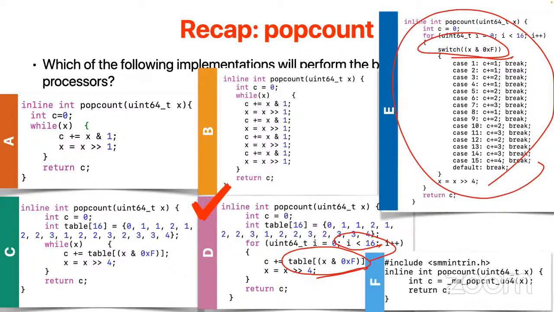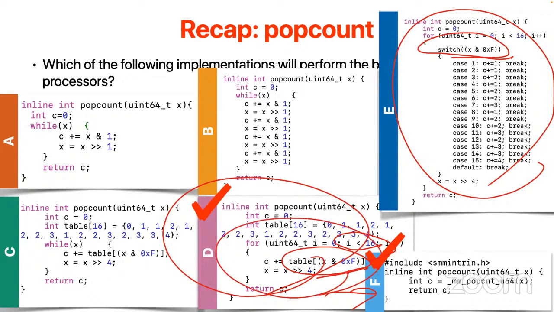And needless to say, the fastest version to solve the same problem is that you can just use one instruction in x86, and you will get twice the speedup over the best human-programmed version. To go from here to here is not an obvious job that a compiler can do. That's why, as a programmer, you always have to be aware of what the new additions in your processor are.